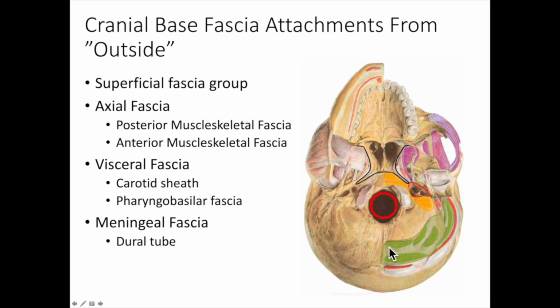It also has an anterior group of muscles that lies here, and this relates to all the muscles that are anterior to the spine in the body. If we look at the visceral fascia, we also have 2 here. This red circle is the carotid sheath of visceral fascia, and the black here is called the pharyngobasilar fascia. Here we have something very well known to us. It's the dural tube, and it's the meningeal fascia, central nervous system fascia.